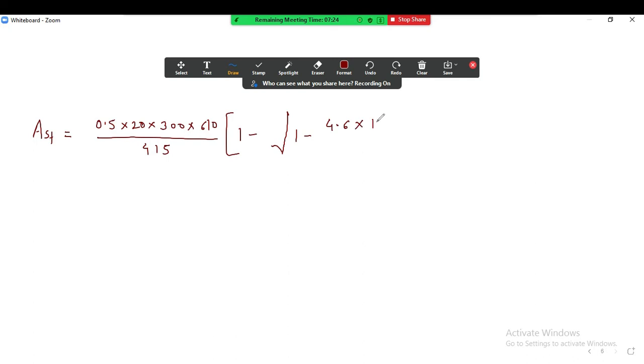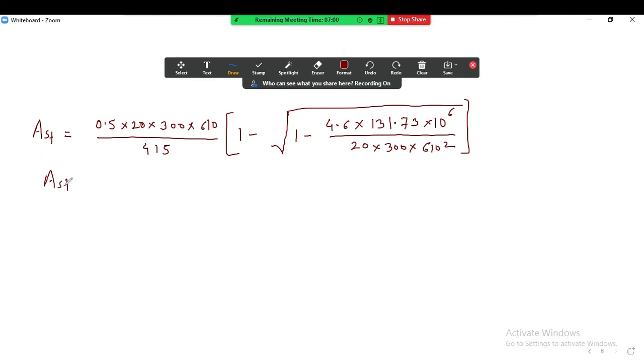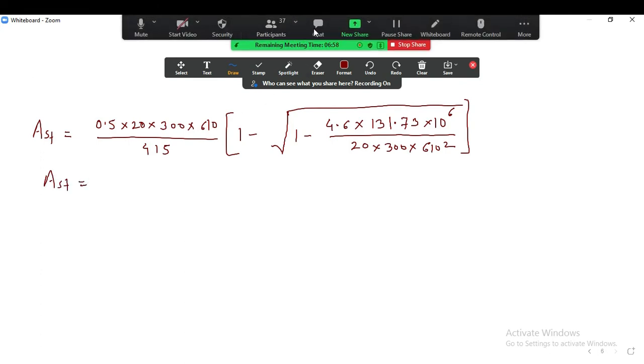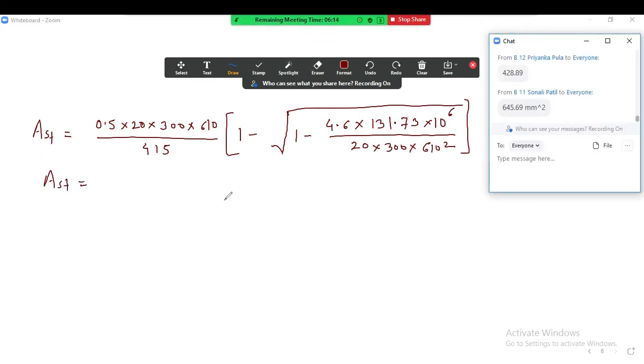Mu, first we will consider the positive moment, 131.73 into 10 raised to 6, divided by fck bd square, 20 into 300 into 610 square. So after solving this you will get the value of Ast. Solve it and let me know the answer. 645.69.